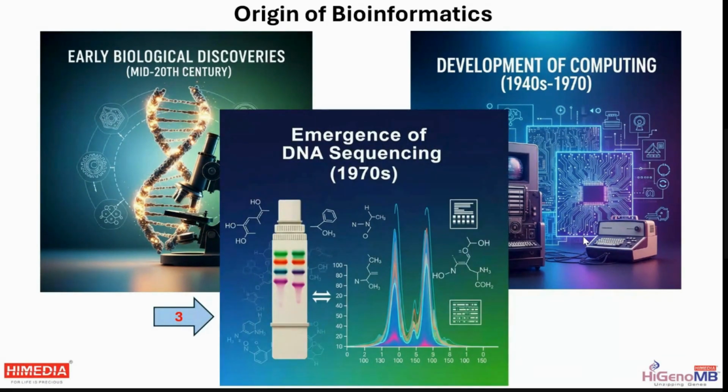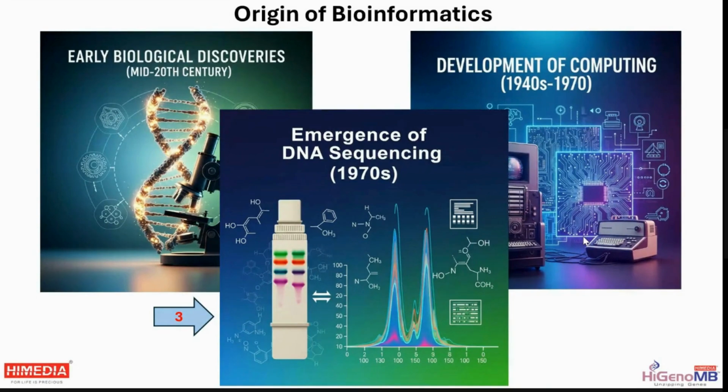At the same time, in the late 70s, as discussed in an earlier lecture, there was an emergence of DNA sequencing. When I talk about DNA sequencing, you must be aware of Sanger sequencing and NGS, like first generation, second generation, third generation. In previous lectures, they must have told you that the DNA sequencer, the machine used to read the DNA, can generate an enormous amount of data.